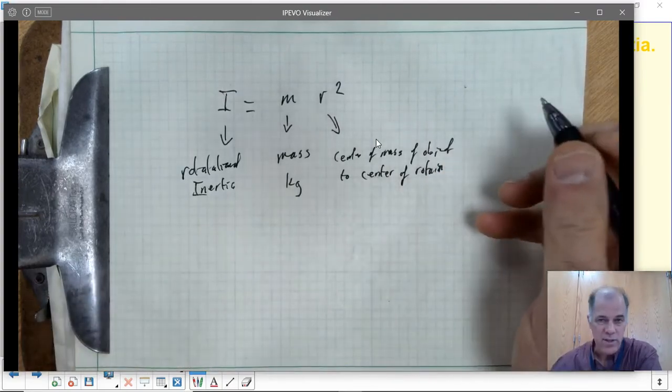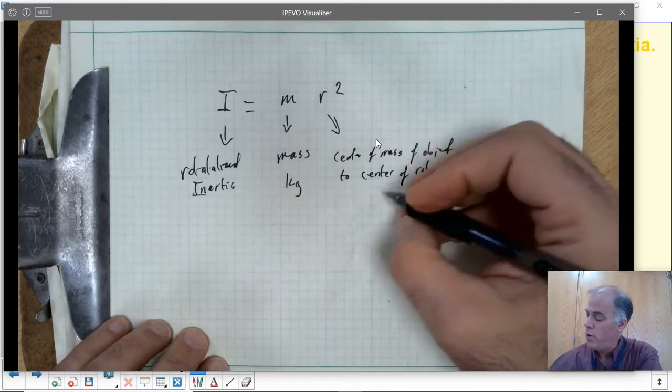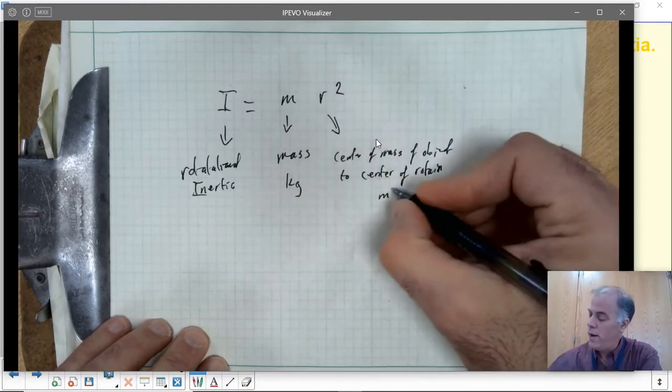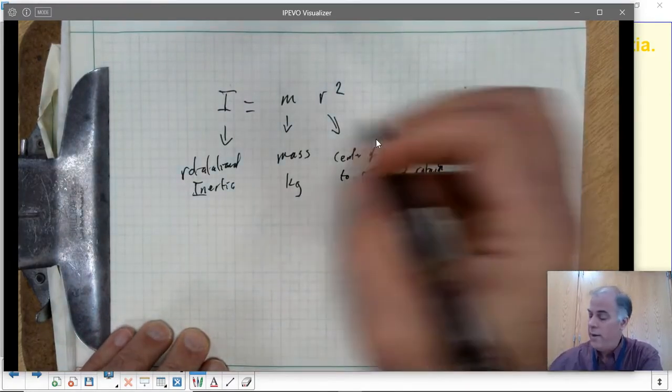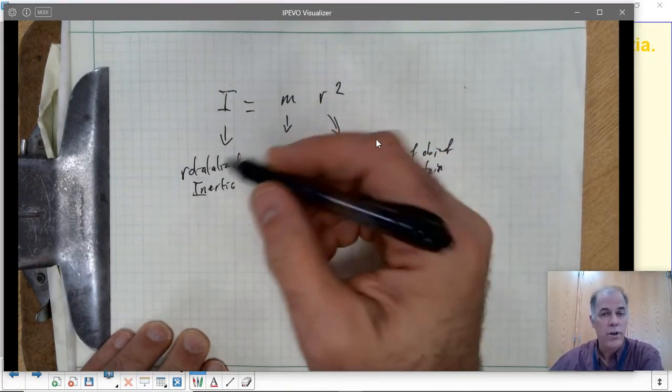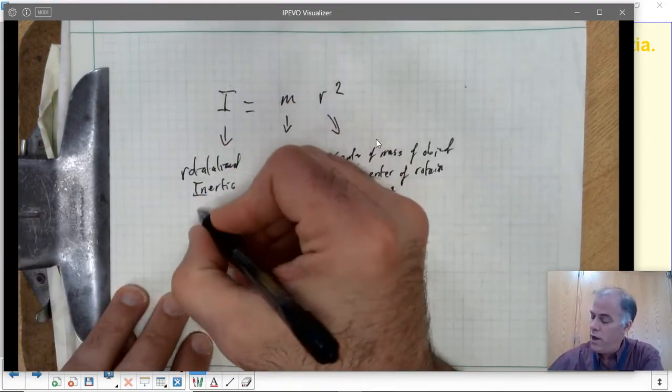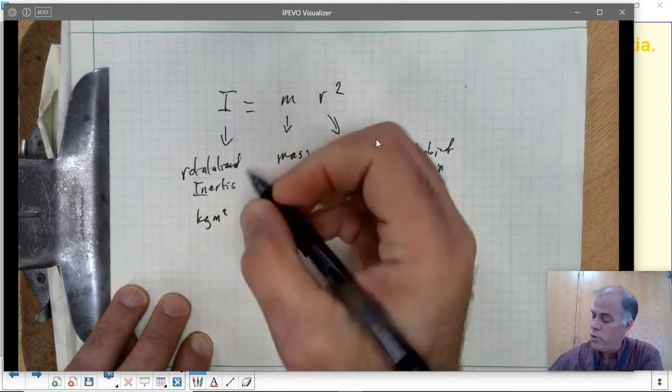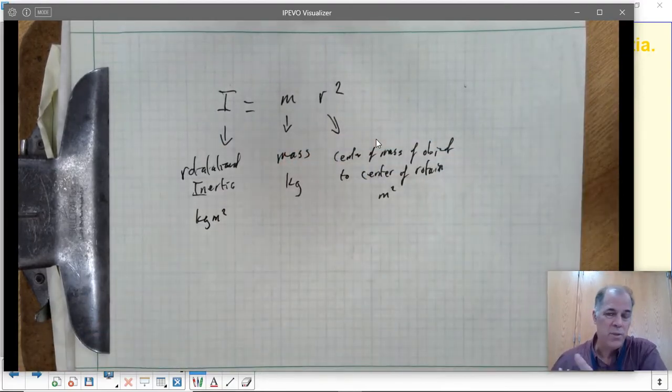I'll show you what that means in just a second. But the units of this are going to be meters, and since it's squared, we're going to wind up with meters squared. And that means that the units of rotational inertia, or the units of moment of inertia, are kilogram meters squared, which is kind of a weird unit, but that's the way it works out.